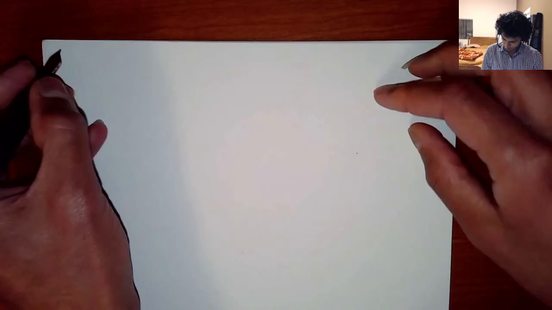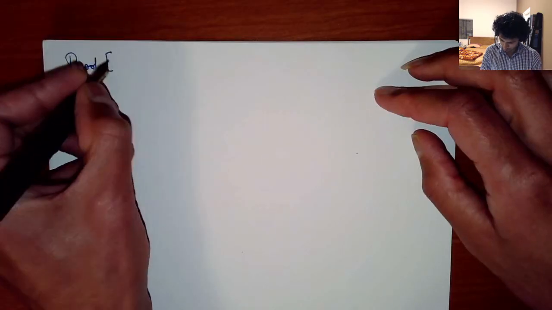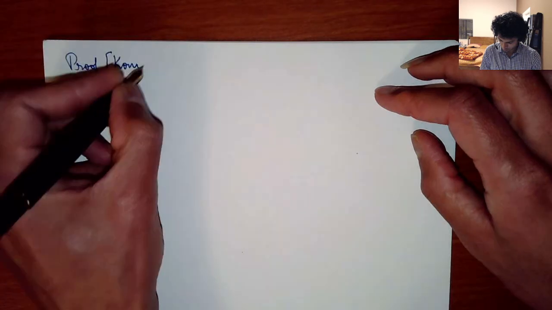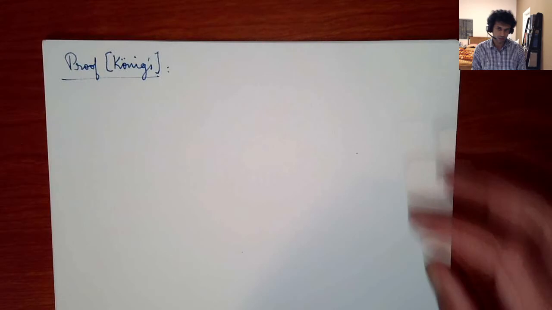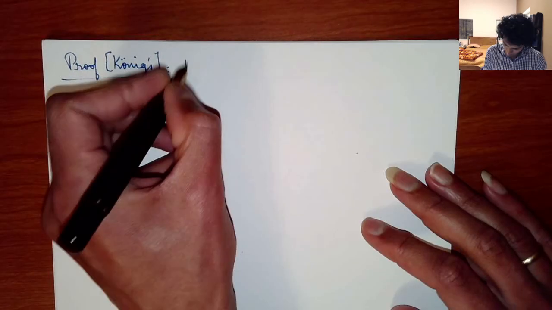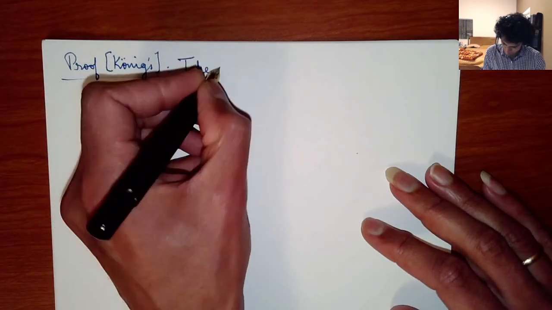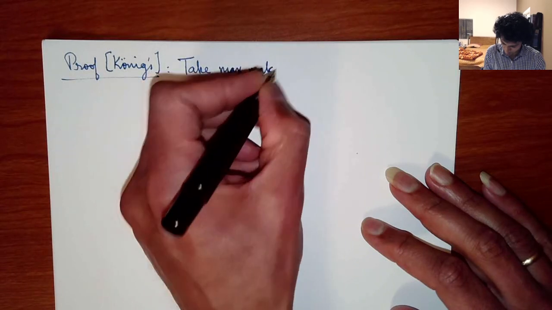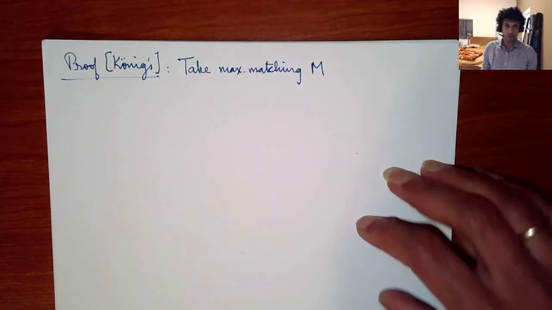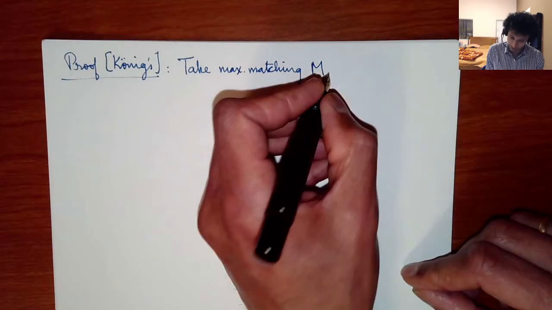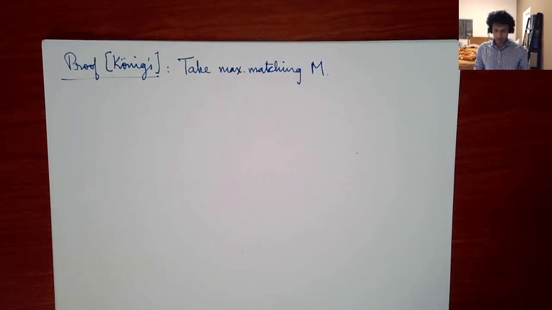So this is the proof of Koenig's theorem. We're going to start with the maximum matching M. This is a really beautiful proof, so pay attention, and I think you'll see that there is a real aesthetic value to it.